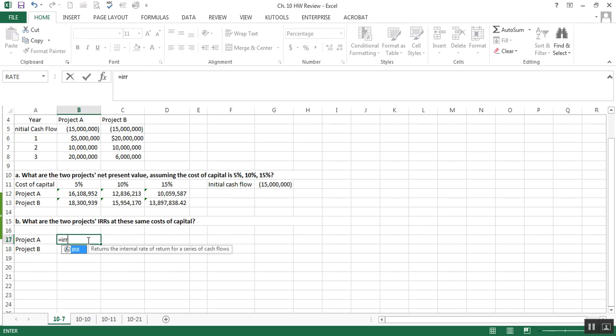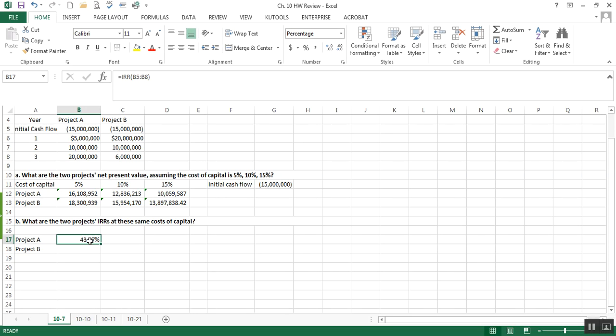And then we would use our IRR formula for project A. It is 43.97%.